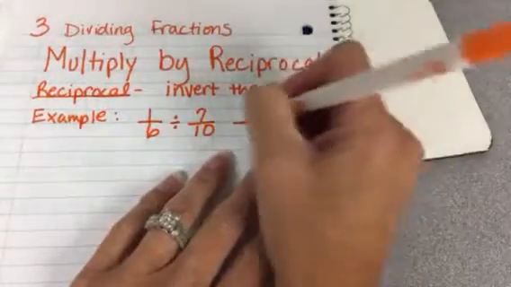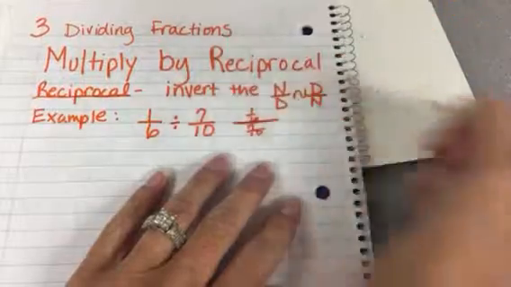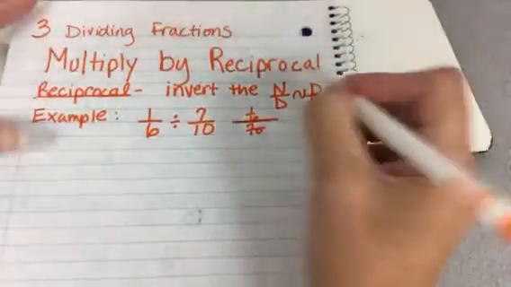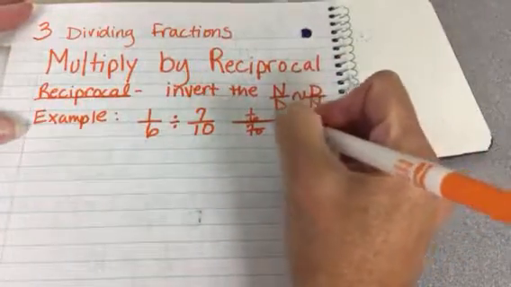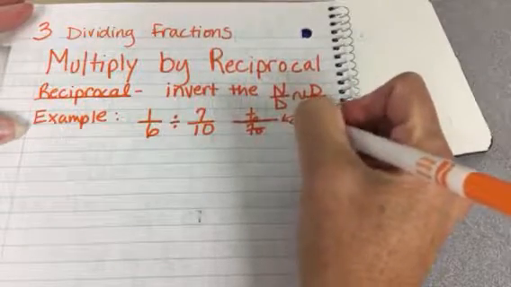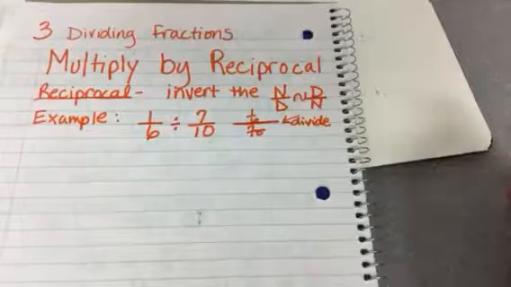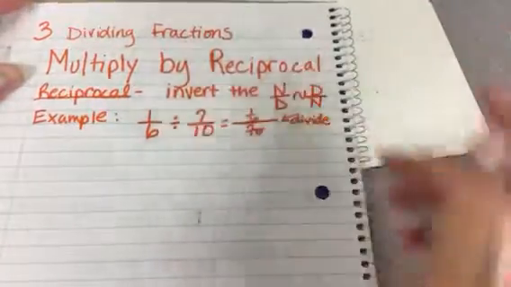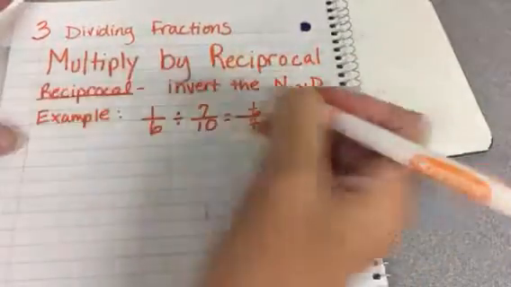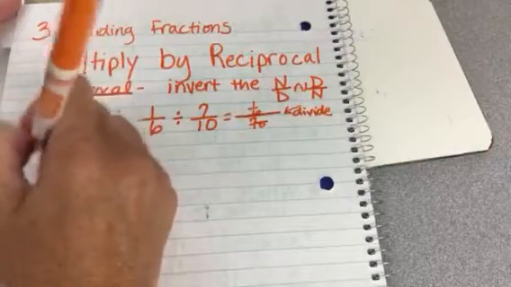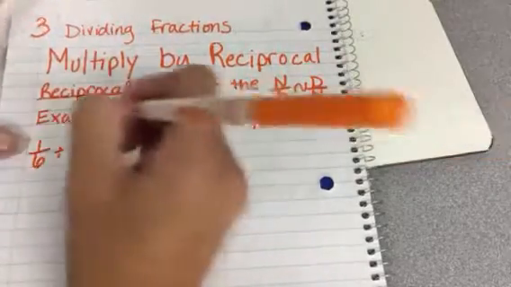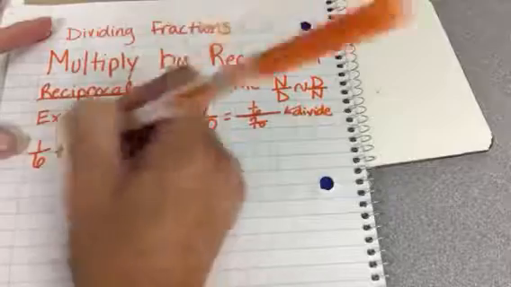Okay, now I know it's a little squished and probably I wrote it too small, but just so you know, every fraction bar means divide. So every fraction is a division problem. So you can also write it like that. But for these purposes, we're going to write 1/6 divided by 7/10.